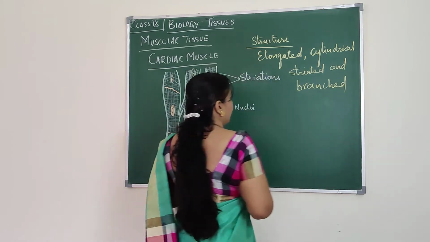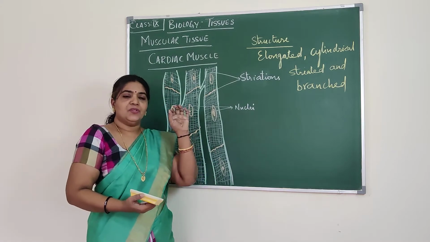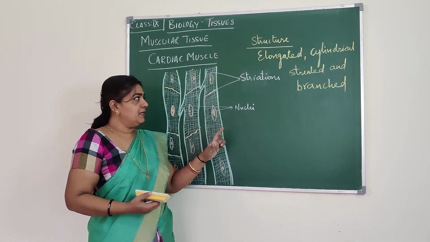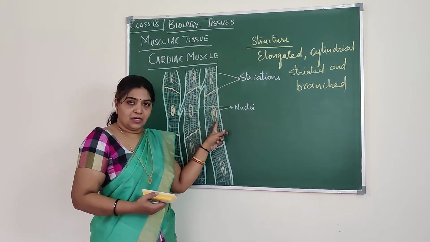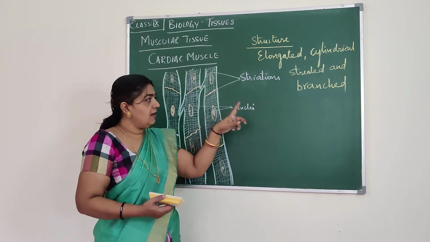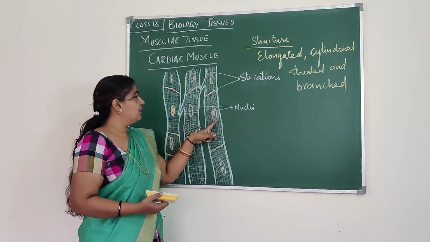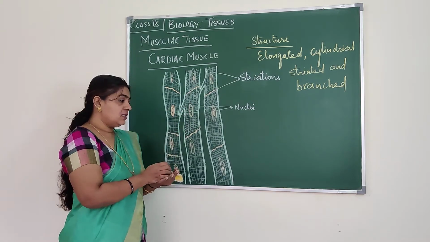That is the major difference. Here in cardiac muscle, the cells are elongated, cylindrical, striated, but branched in a crisscross manner.